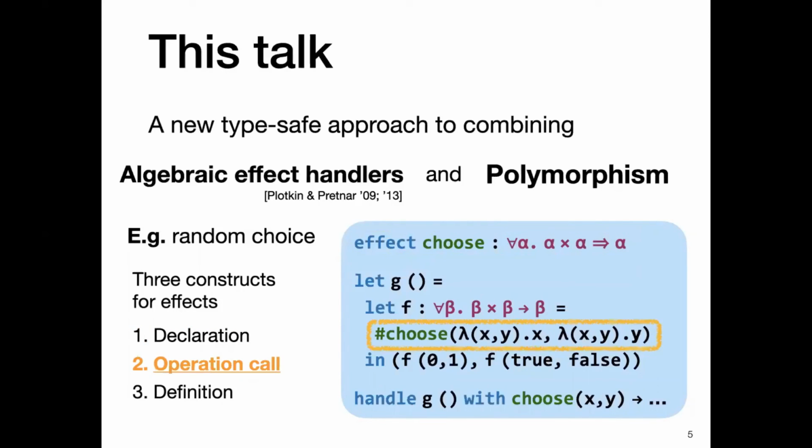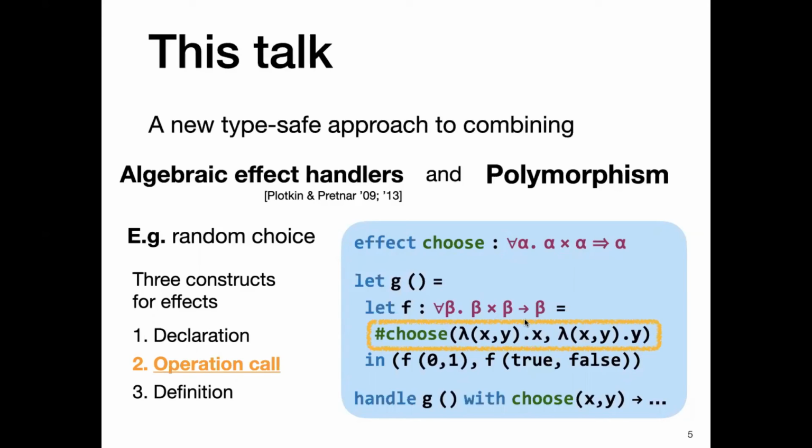The second construct is operation calls, which is used in these expressions. Here, the arguments to choose operation calls are first and second functions for pairs. So both of these functions can be of this polymorphic type.